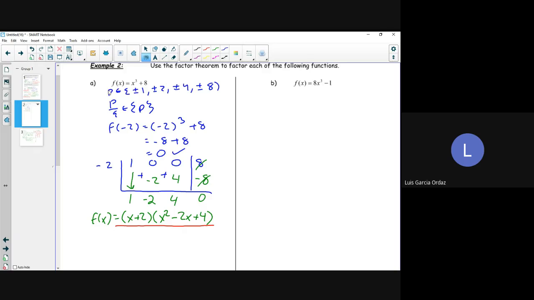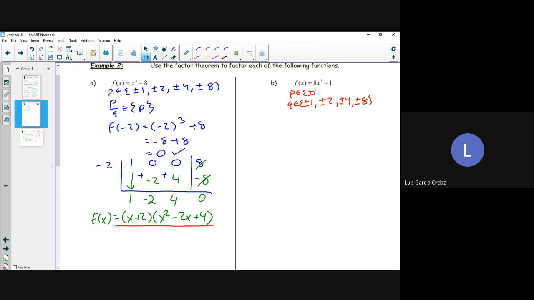So we have 8x cubed minus 1. The factors of p we have are just 1. And the factors of q we have are plus and minus 1, plus and minus 2, plus and minus 4 and plus and minus 8.